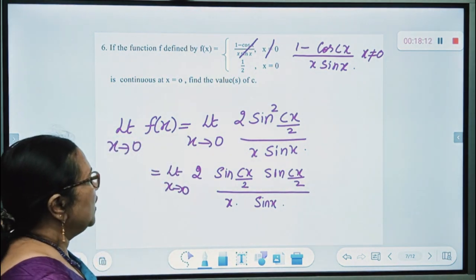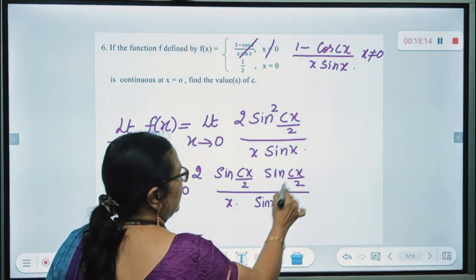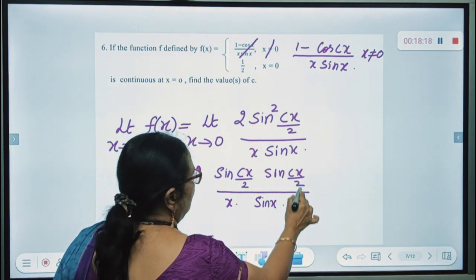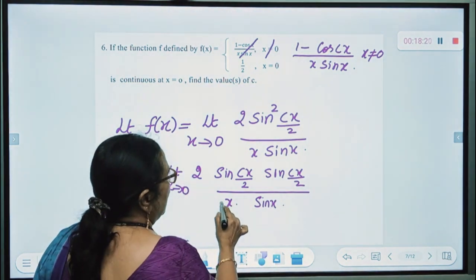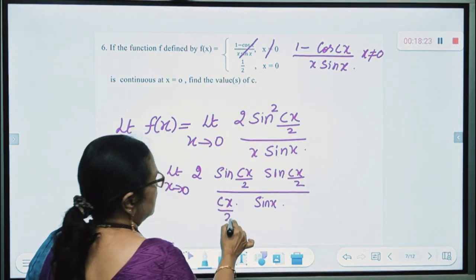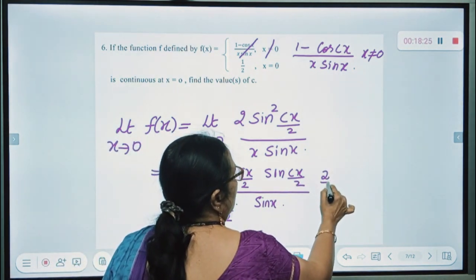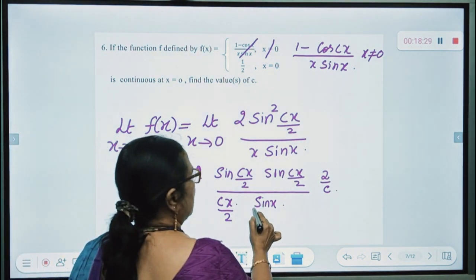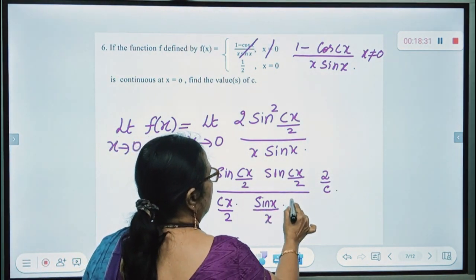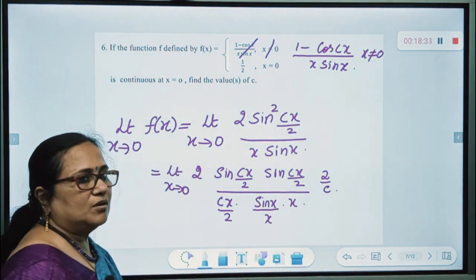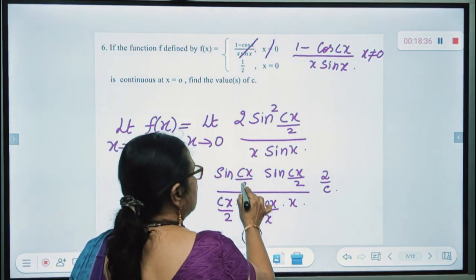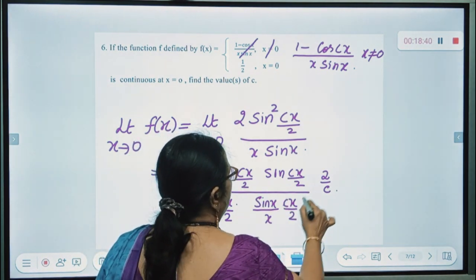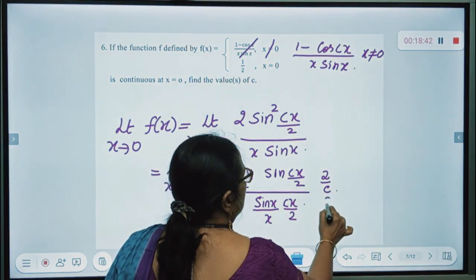Okay, so what do I need here? Since I need cx by 2 and there's only one x, I'll multiply and divide by c by 2, so I'll have 2 by c here. And then for this sin x, I'm going to multiply and divide by x. Now for this c by 2, I'm going to make it as cx by 2. So again, I have to divide by 2 by c.